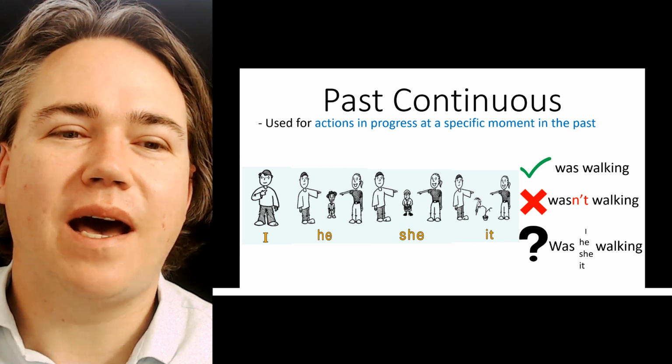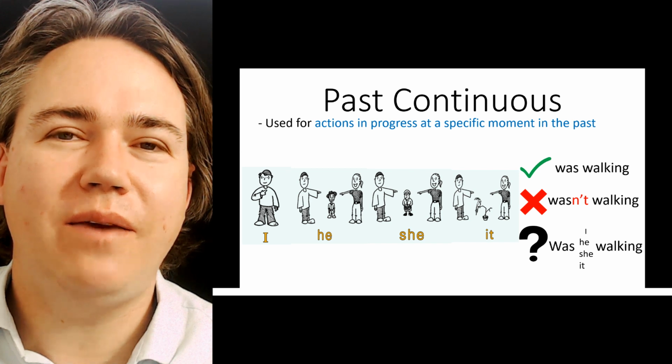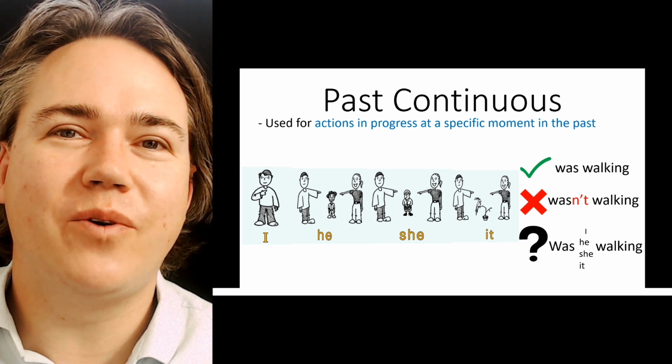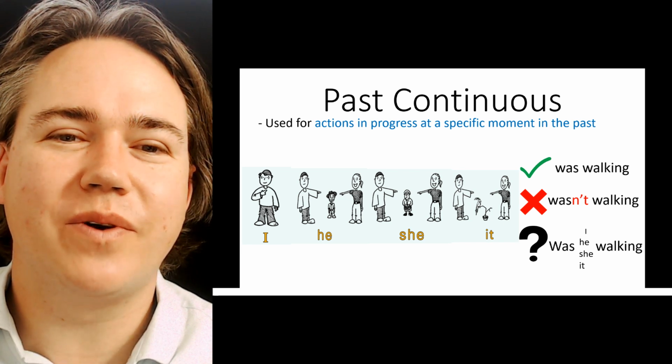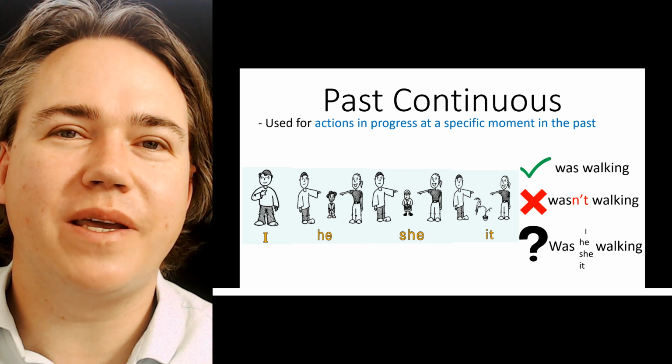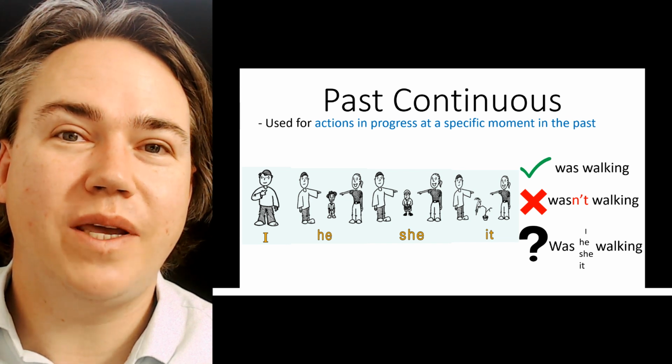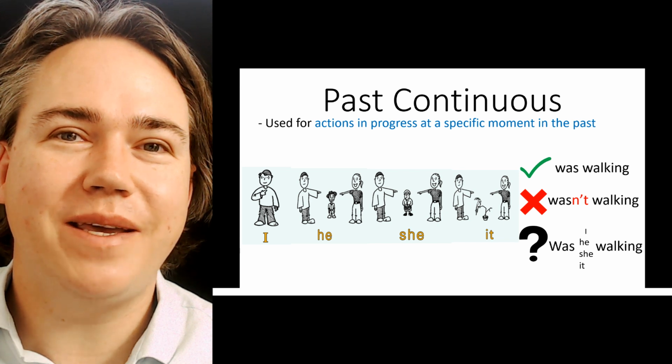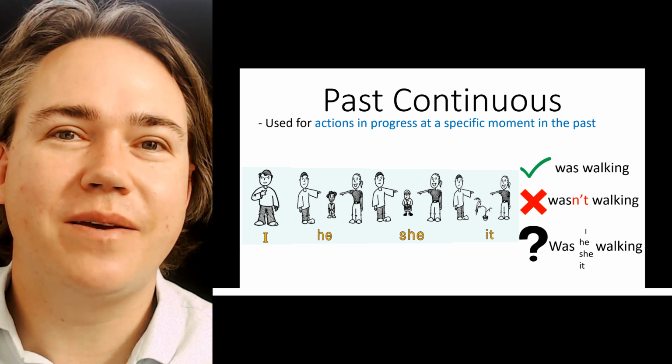So you can say, I was walking, he was walking, she was walking, it was walking. I wasn't walking, he wasn't walking, she wasn't walking, it wasn't walking. Was I walking? Was he walking? Was she walking?